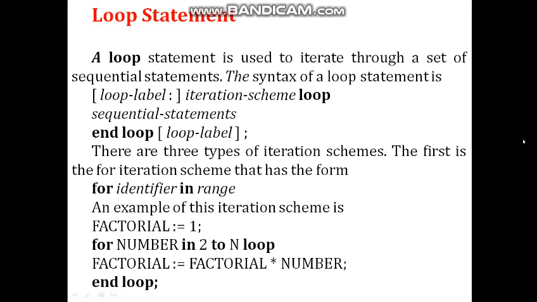An example of this iteration scheme is: factorial equals 1; for number in 2 to n loop; factorial equals factorial into number; end loop.